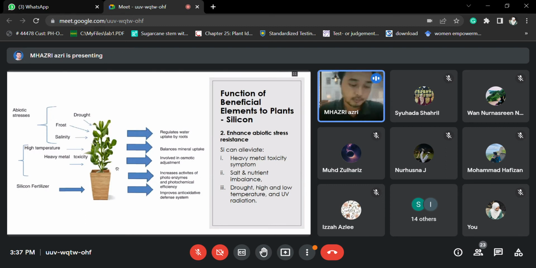However, in padi agronomic practice, farmer will constantly flood the soil with water, and then at certain stages, especially bila dia nak harvest padi tu, dia akan keringkan kawasan padi tu. Okay, so this process will induce oxidations of aluminiums and iron.